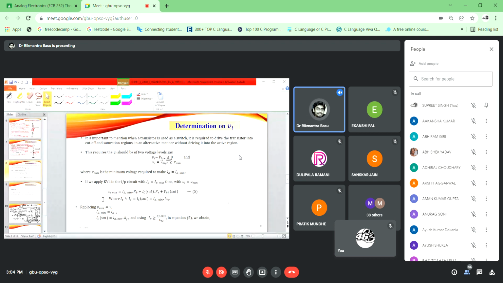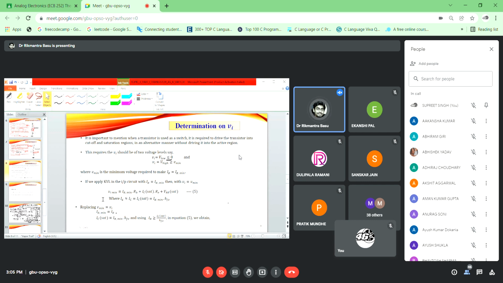Very fine. So that is the base current. But to be very honest, the minimum value of the base current is a little beyond our control, because we cannot control the current externally. What we control are the external voltage sources.